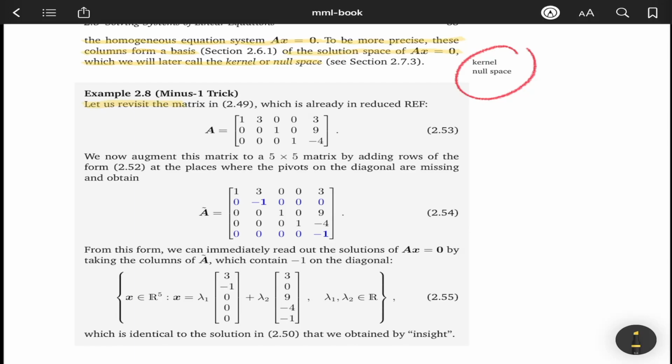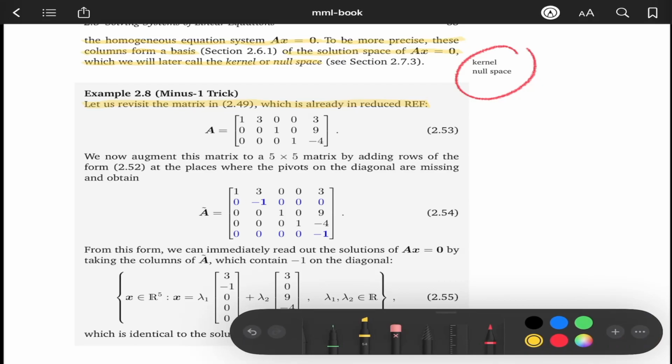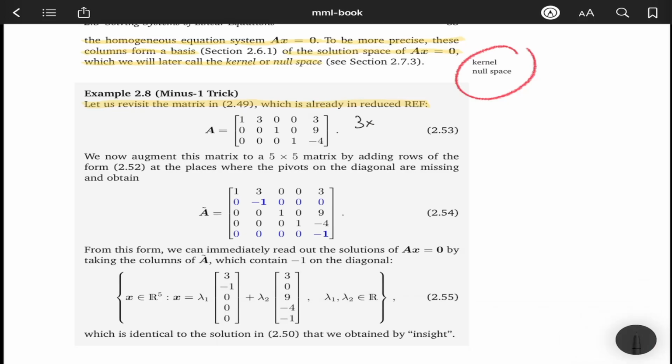Next point, example 2.8. Let us revisit the matrix 2.49, which we already had in reduced echelon form. Yes, we have that matrix which is 3 times 5. And we want to shift it into a 5 times 5 matrix.